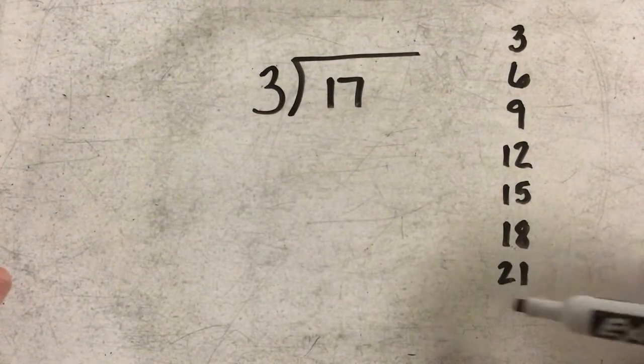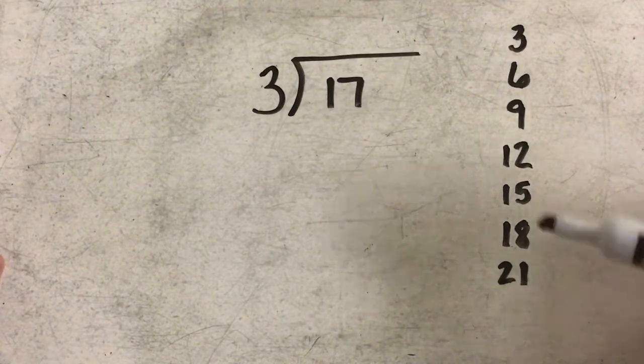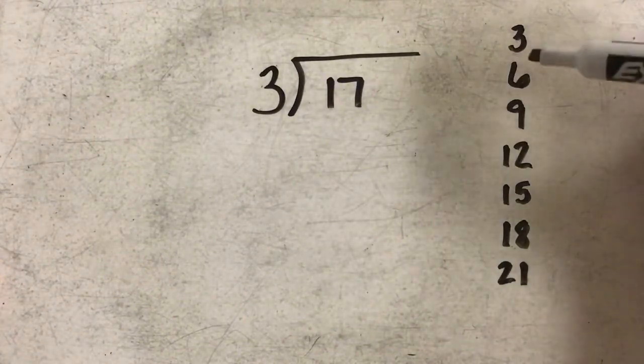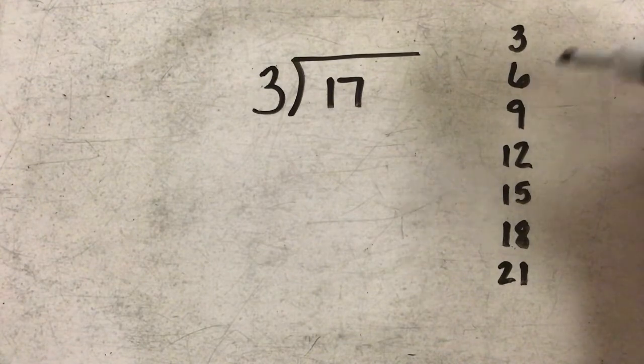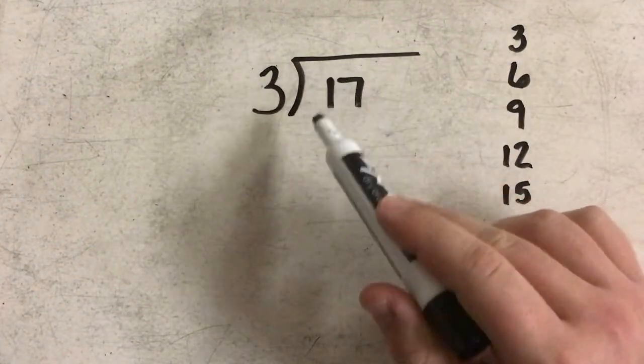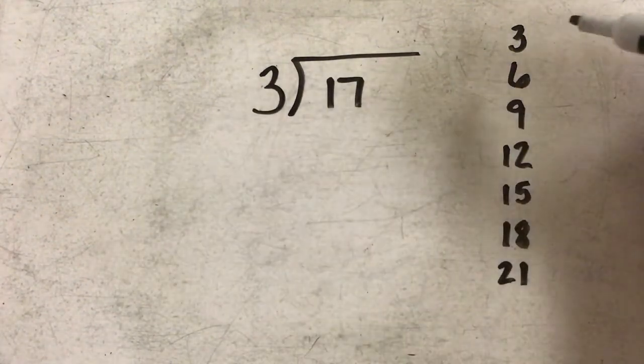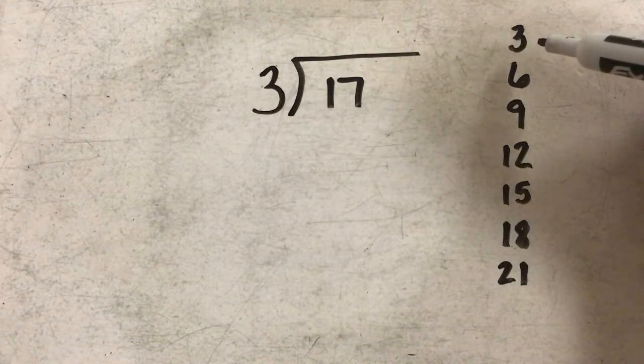I couldn't make 7 groups of 3 because I would need 21. I only have 17. So now I'm going to look for a number that's just lower than 17. And that's going to tell me how many groups of 3 I can make from 17.